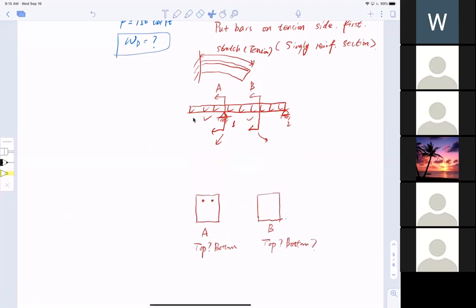So I skipped a step, the moment diagram. When you decide which location the bar is going to be at, you need to draw the moment diagram first. So from here, I have a support right here and a support right here. Given the distributed load, I know the moment distribution looks like this.